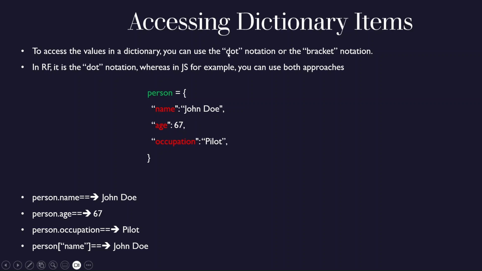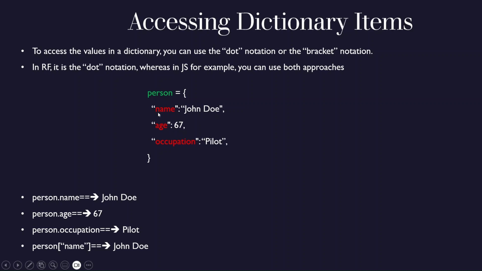When we say dot notation, it means if you want to access a value in the dictionary, you reference the dictionary variable itself, person, then the dot sign, and then the name of the key you want. If it is name, you just put name, which will give you the value John Doe.